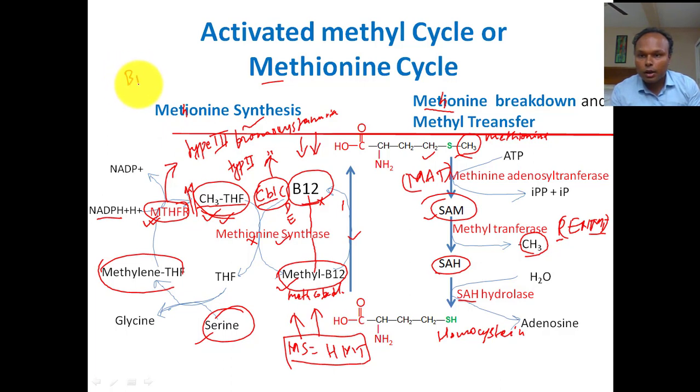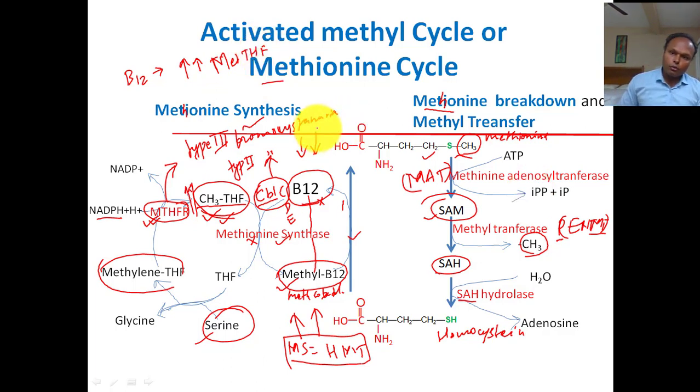So vitamin B12 deficiency will cause high methyl tetrahydrofolate, and there will be high homocysteine and low methionine.